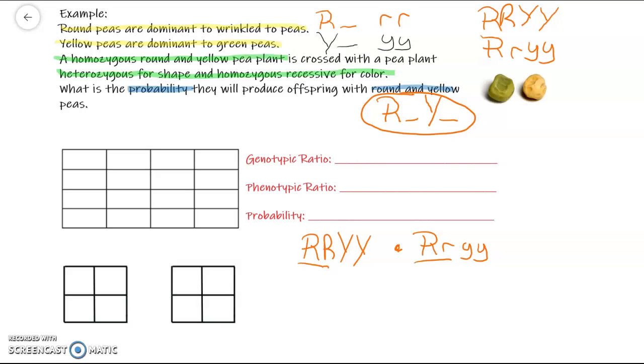So we're going to, again, first cross the first two genes of each individual parent. So I will take the homozygous round parent first and put the two big R's up here. Then I will take the heterozygous parent and put them there.